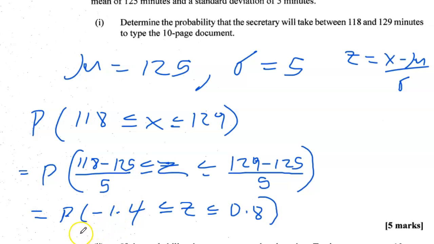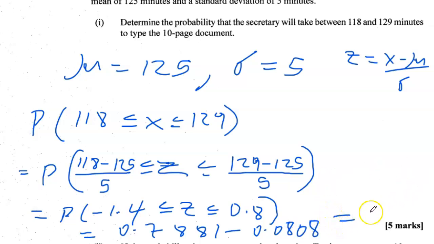Our solution here would be, for the 0.8, remember it was 0.7881, minus, for the negative 1.4, it was 0.0808. So our solution there would be 0.7073.